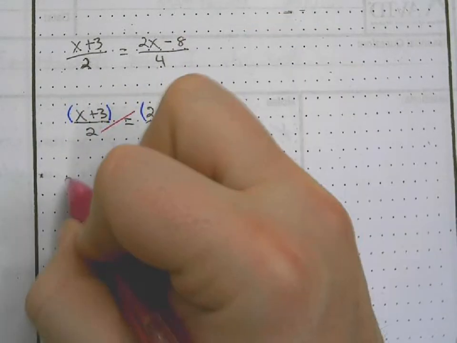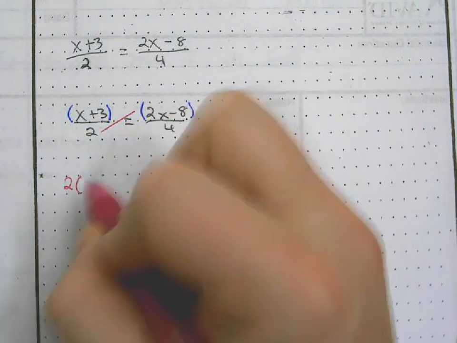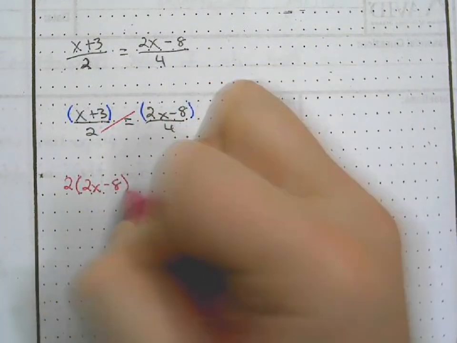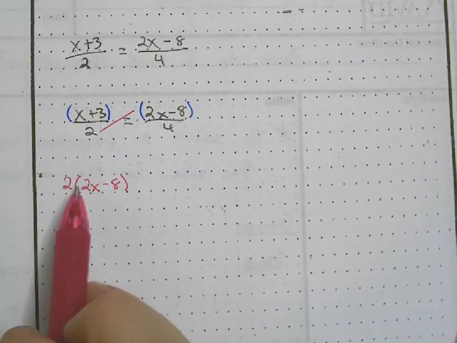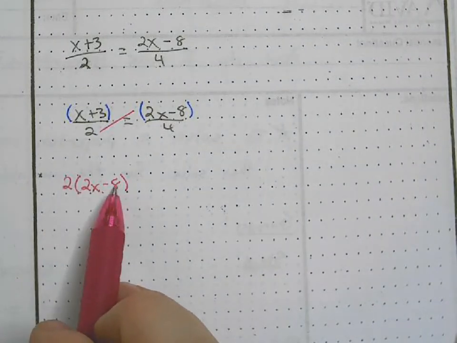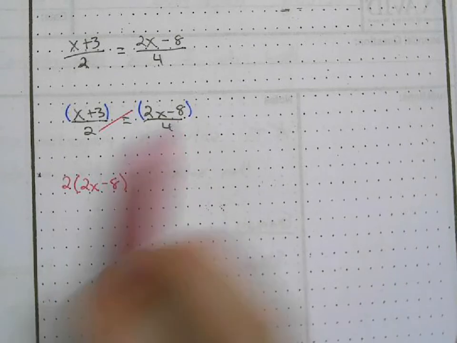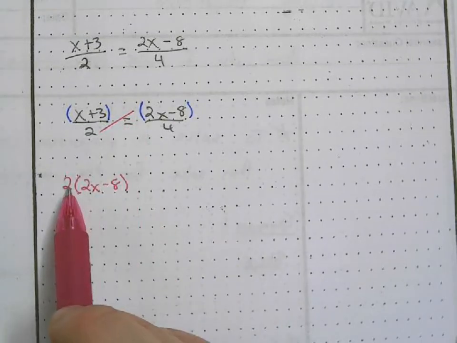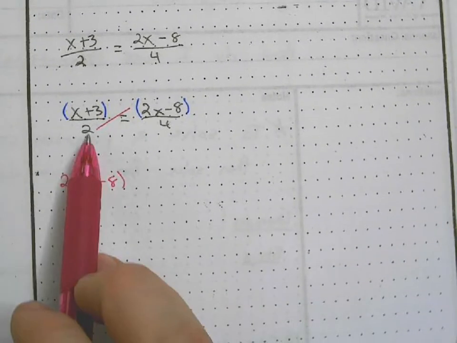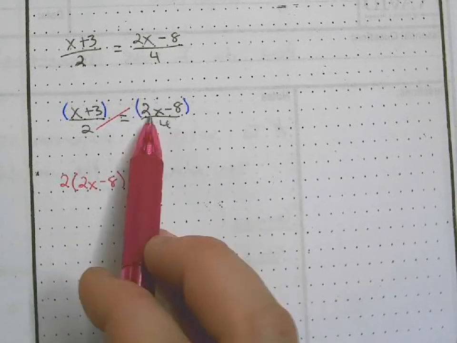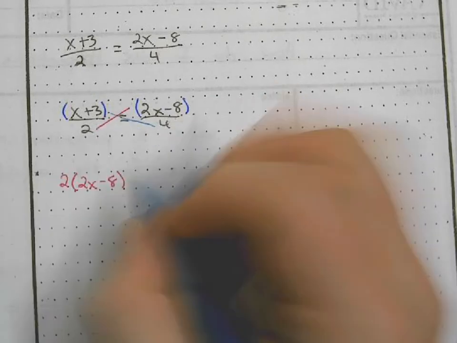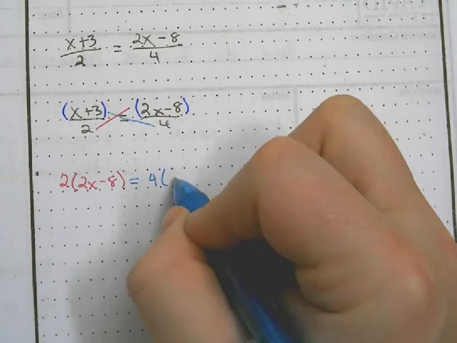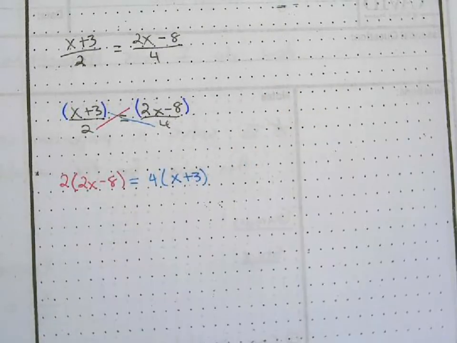So I have 2 times 2x minus 8, and see, this is why I need the parentheses, so that way I know I'm going to distribute that 2 to both terms. So that's why I wanted to add these parentheses, to make sure that this distribution happens. So we did 2 times parentheses 2x minus 8, and now we'll do 4 times parentheses x plus 3.